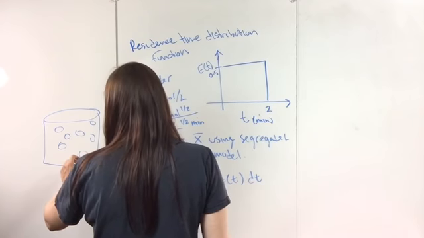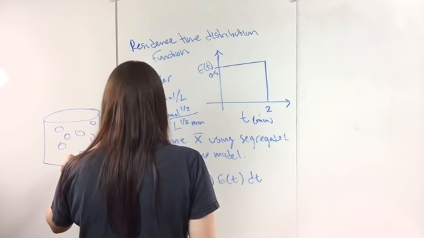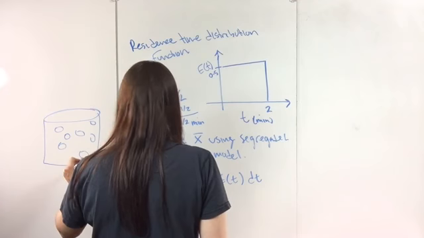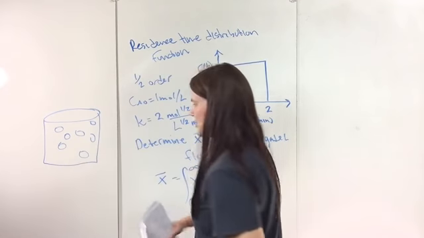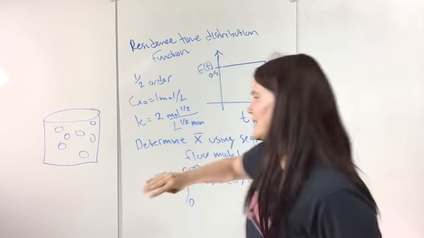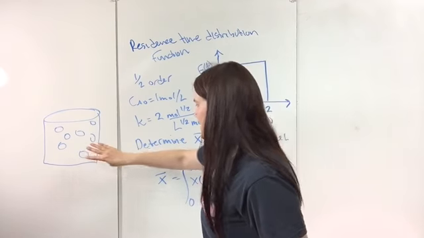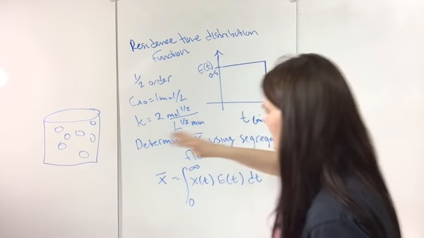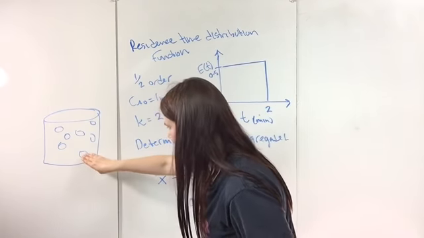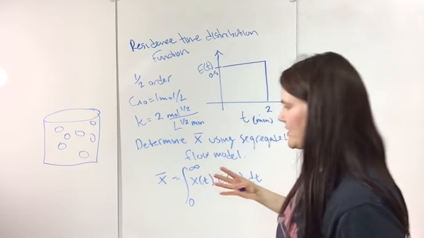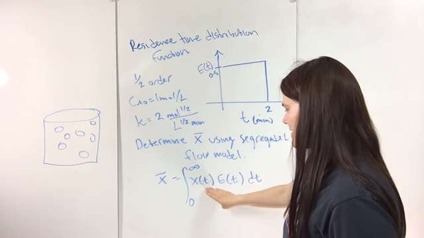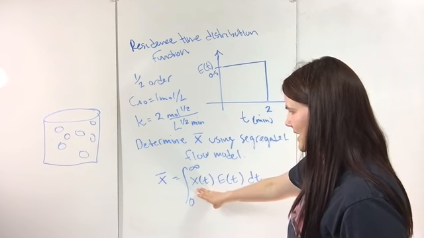And so what we're doing is we want to assume that each one of these is an individual batch reactor. So what you do is you solve the batch reactor equation, and that's what X of t is. So you'll get X of t from that.